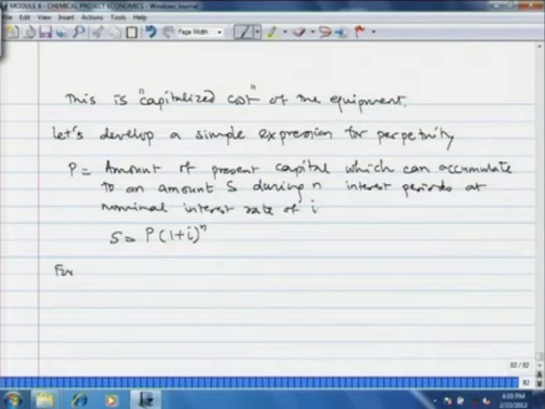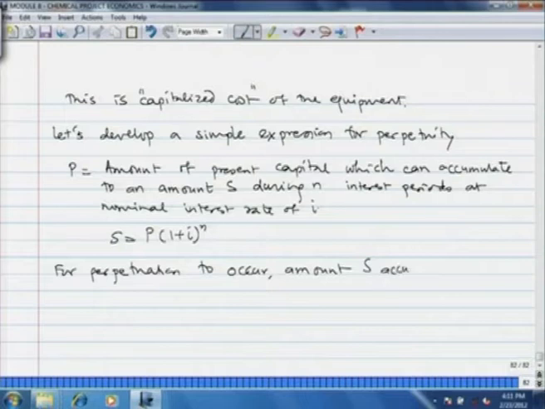Now, for perpetuation to occur, the amount S that is accumulated after n periods minus the cost of replacement should be equal to the present worth P.